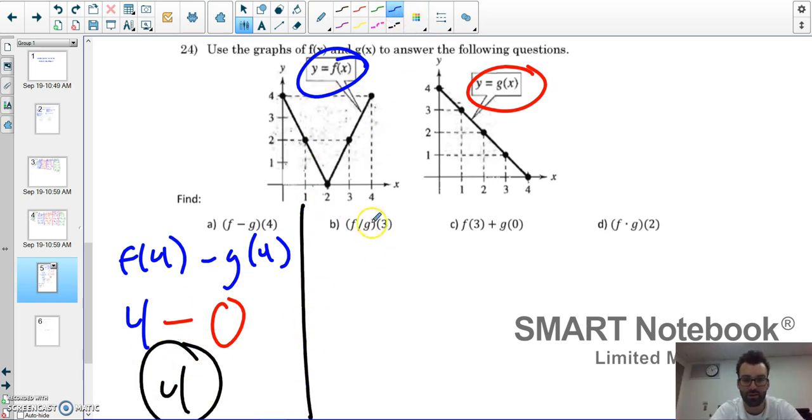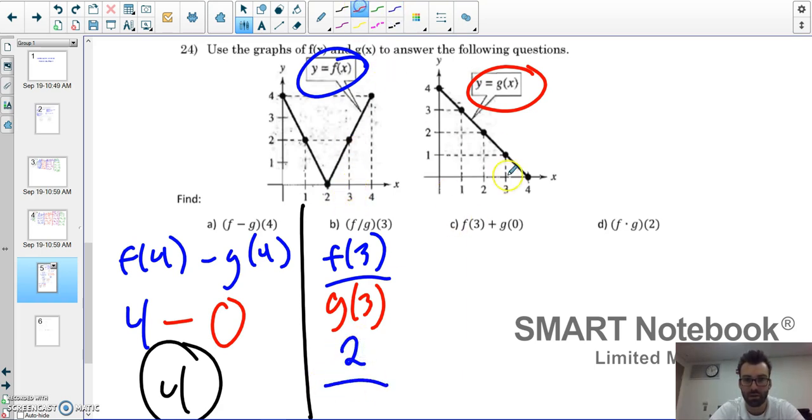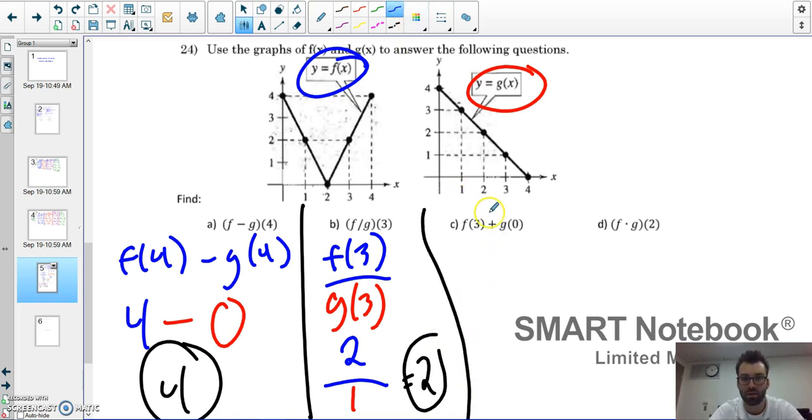Part B, f of 3 divided by g of 3. f of 3 is 2, g of 3 is 1, so our answer is 2. Okay, f of 3 plus g of 0. f of 3 we know is 2, g of 0 is 4.